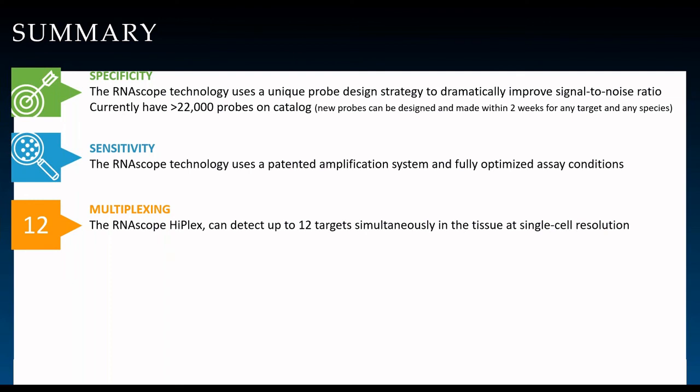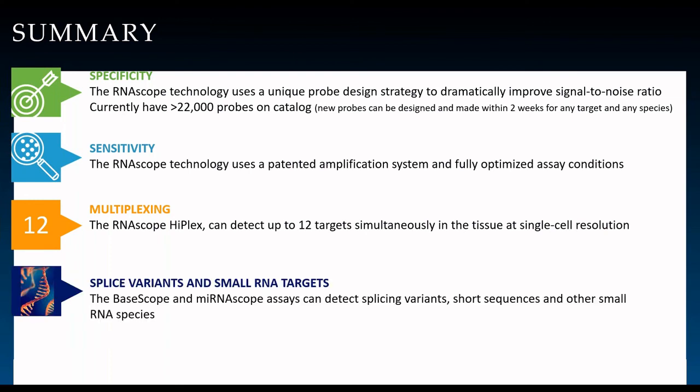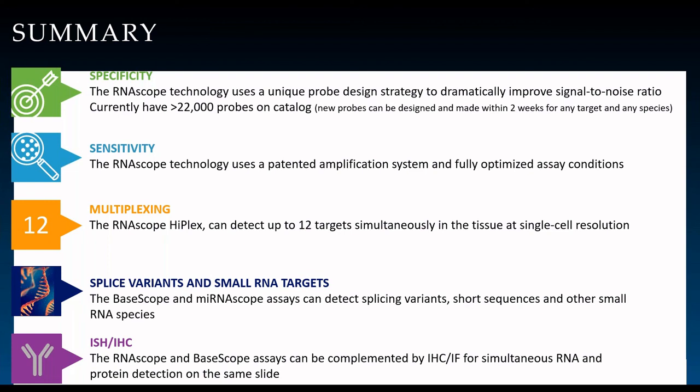We're able to combine IHC to show protein and RNA detection on the same sample, thereby allowing conservation of your precious samples. And finally, we also have our specialized assays like BaseScope and miRNAscope assays that allow for detection of those unique RNA species like splice variants, short targets, and small RNAs.